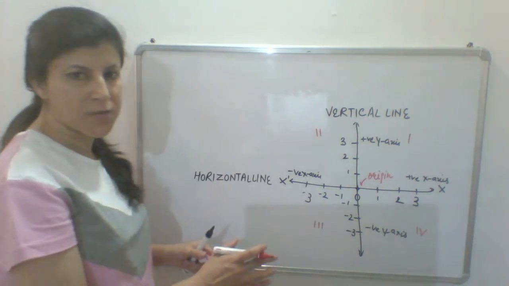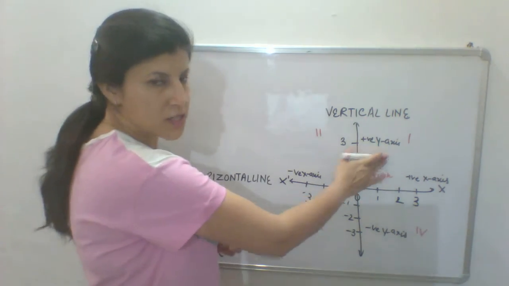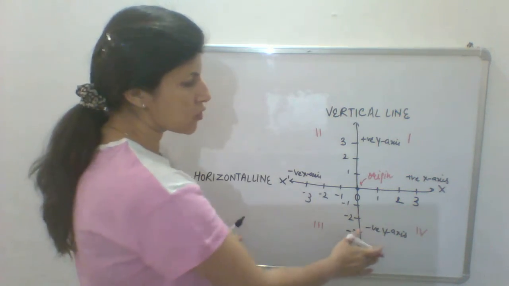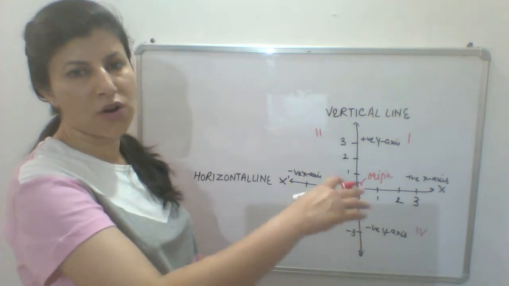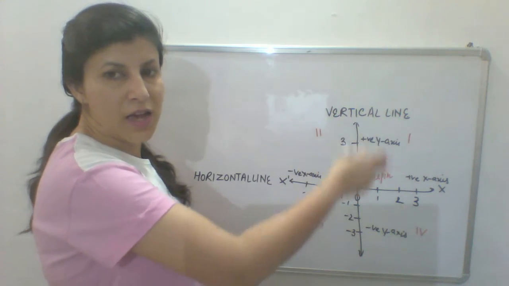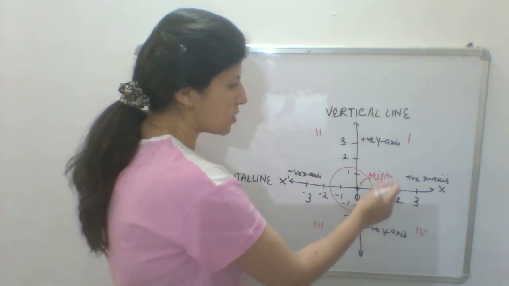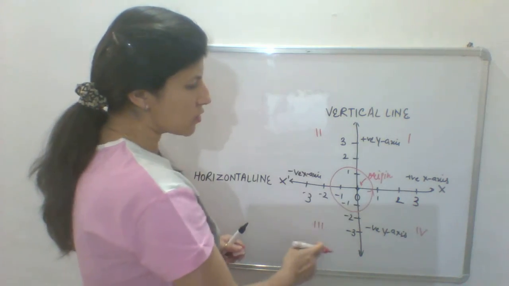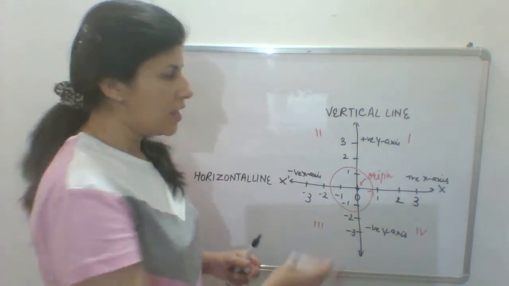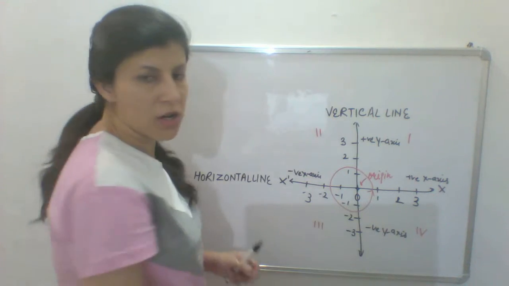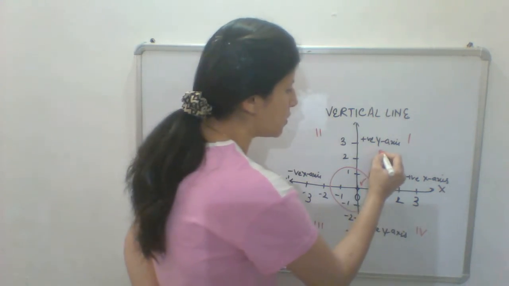It is fixed. This is always first, second, third and fourth. We have to take them anti-clockwise. Clock ऐसे चलता है ना? Anti-clockwise लेना है अपने इसको, like this. This is first quadrant, second quadrant, third quadrant and fourth quadrant. And each part is called quadrant. What they are called?